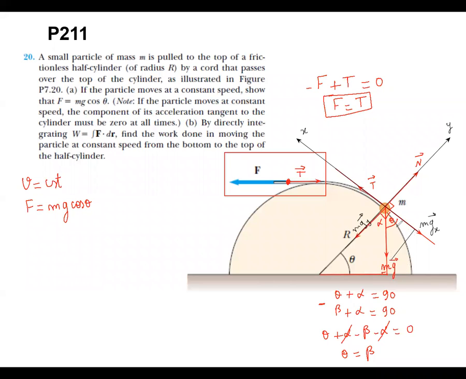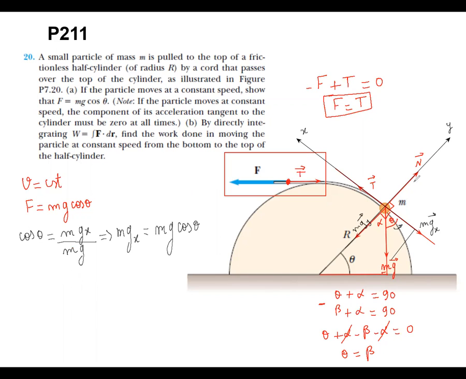In this triangle, cosine theta equals the adjacent, mgx, divided by mg. So mgx equals mg cosine theta.